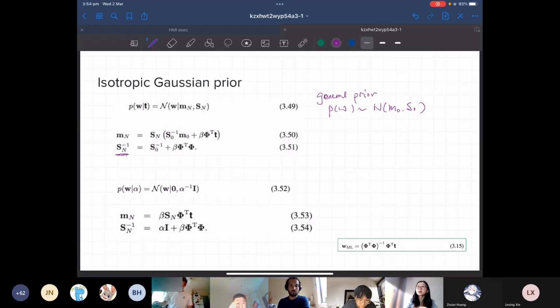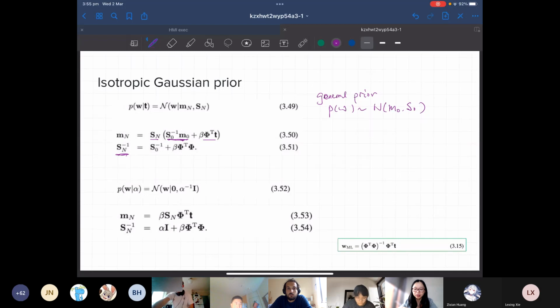In the general case, the mean has S_N, the covariance matrix, on the outside. But the mean of the parameter is a combination of the data and target and the prior mean scaled by its variance somehow.